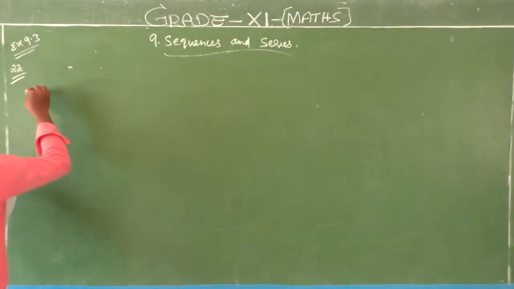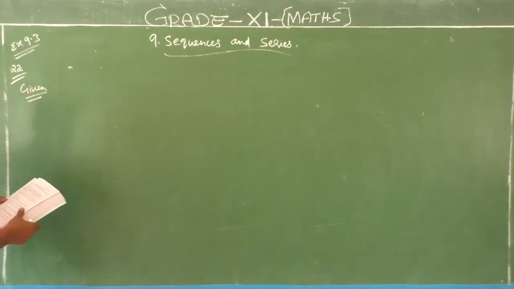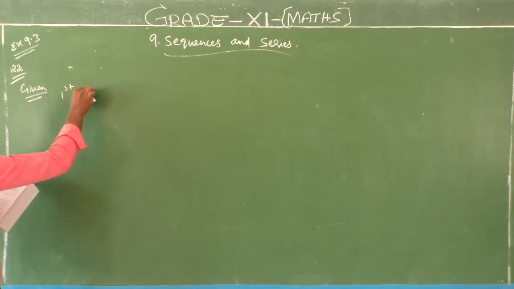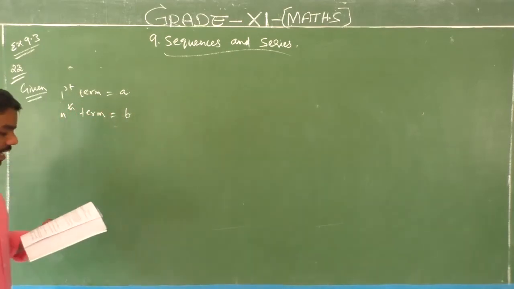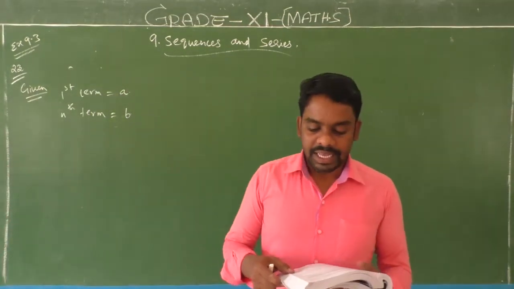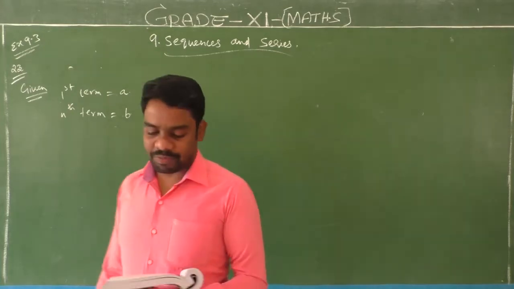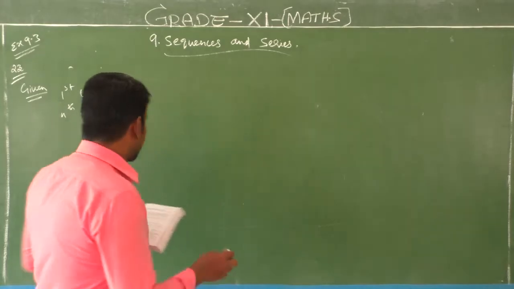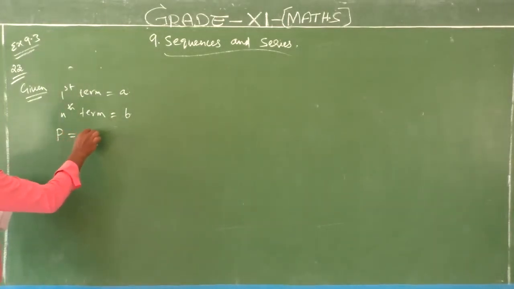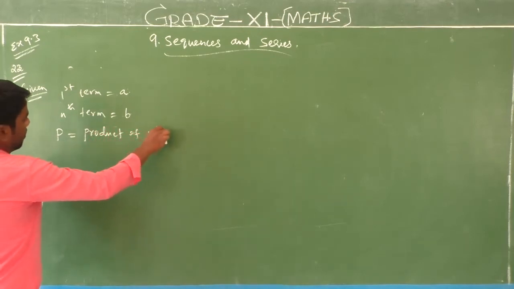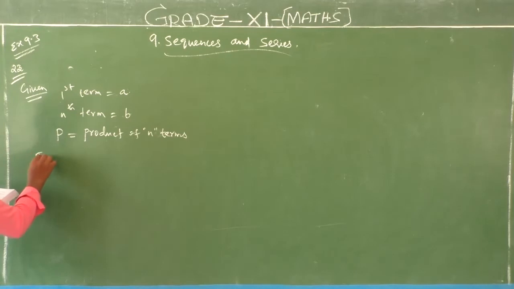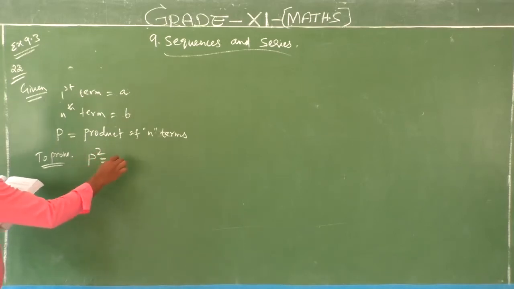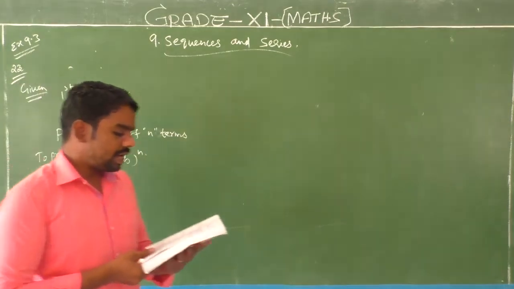The first term is A, and the nth term of the GP is B, and if capital P is the product of n terms, then prove that P squared is equal to (AB) whole power n.